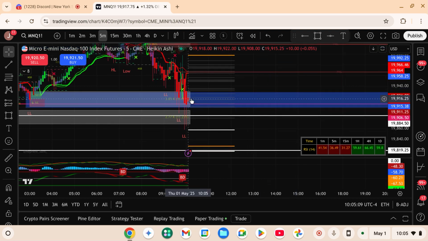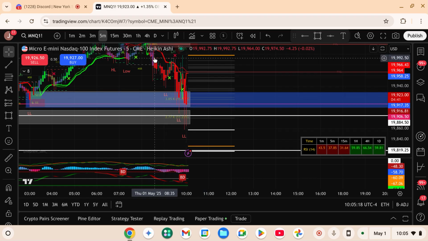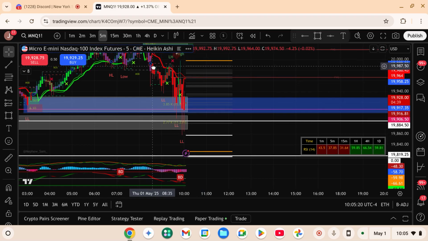You see how it just starts to go back up? And then sometimes it'll just shoot right back down too. It's bearish, but it's not as strong as these ones here.